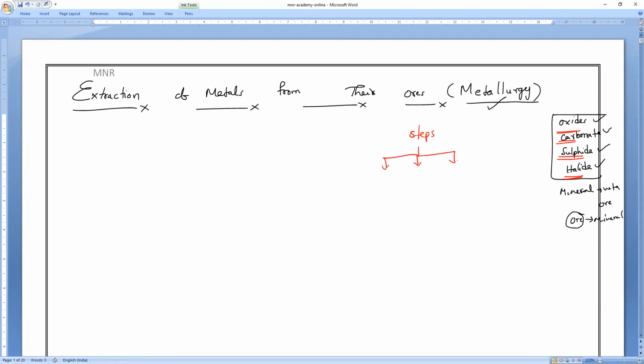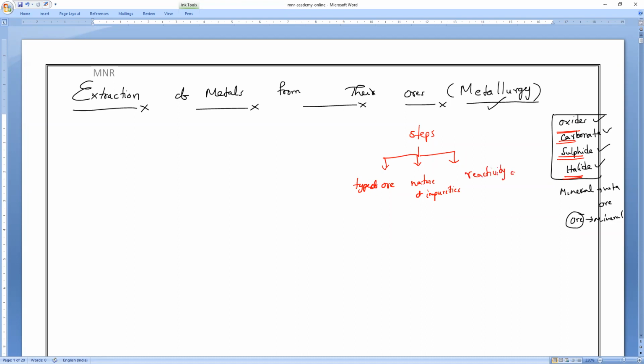First of all, what type of ore it is. The second, the nature of impurities present, like sand or soil or some other thing. And the third, the reactivity of the metal.